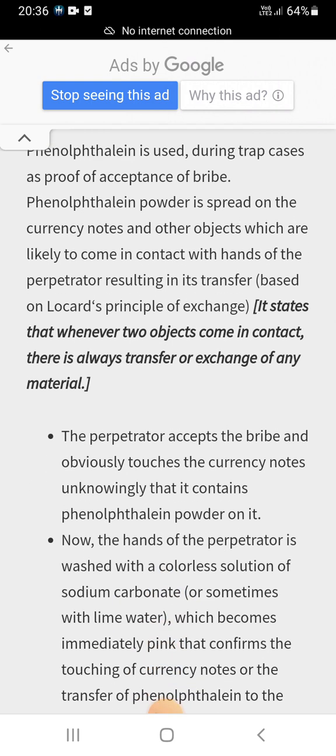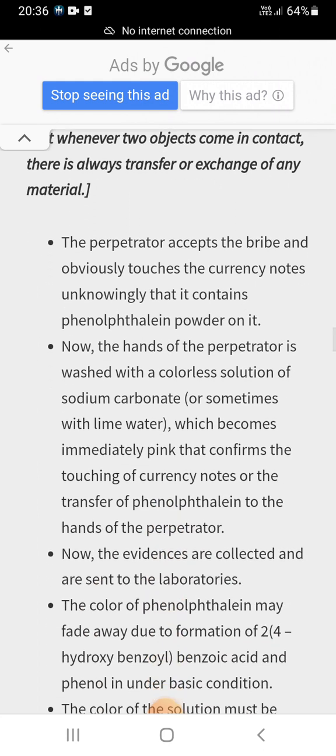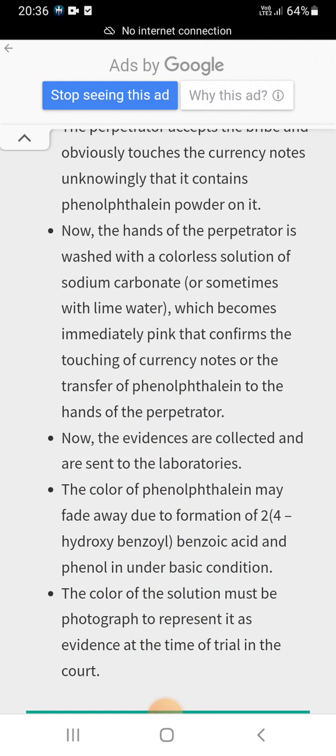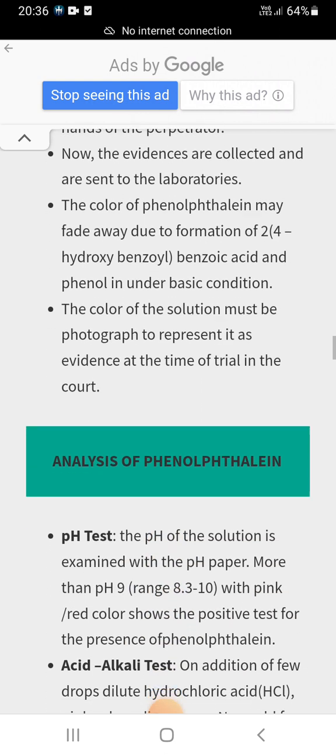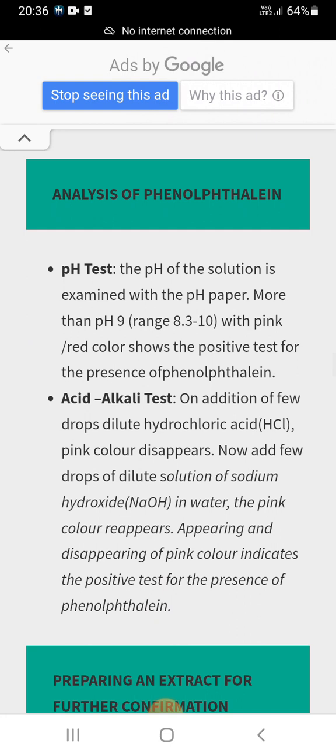So the perpetrator accepts the bribe and touches the currency note, unknowing that it contains phenolphthalein powder on it. Now the hand washings are collected from the perpetrator and the evidence is sent to the laboratory. The color of the solution must be photographed to present as evidence at the time of trial in the court.